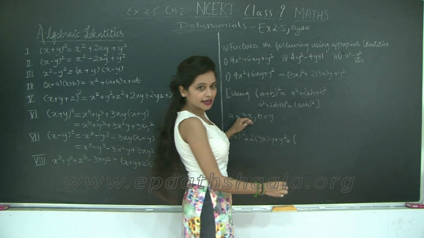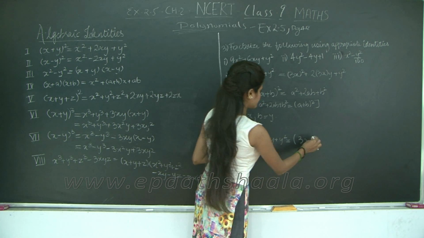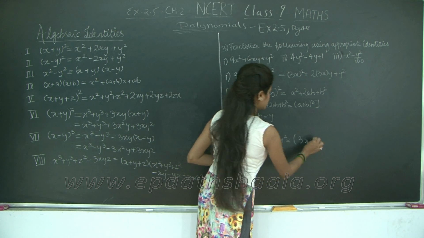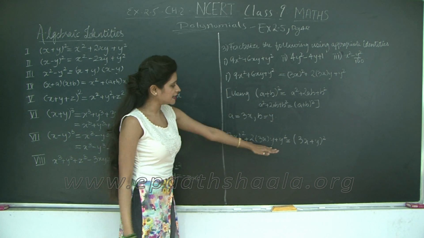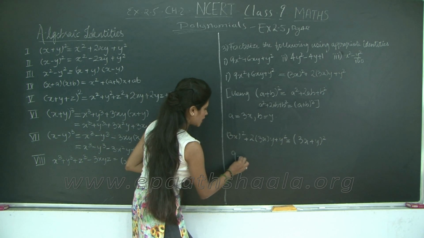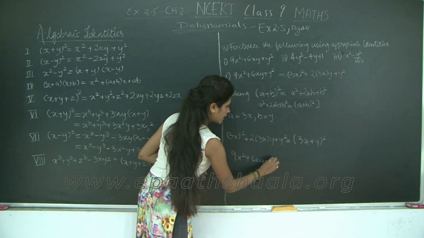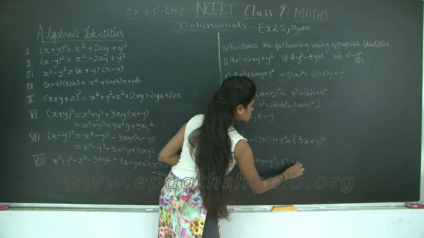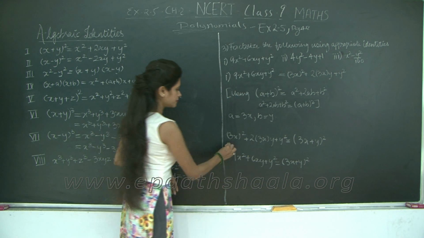So my a is 3x, plus b, my b is y, the whole square. So this is not my final answer. I need to rewrite this in the form of the question. So I have 9x square plus 6xy plus y square is equal to 3x plus y the whole square. And finally, I'm going to box this up.